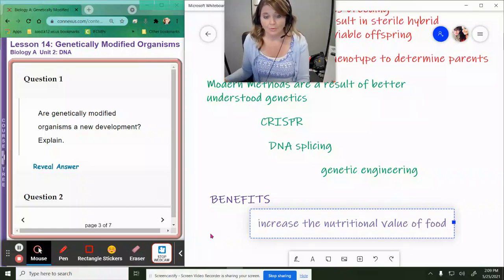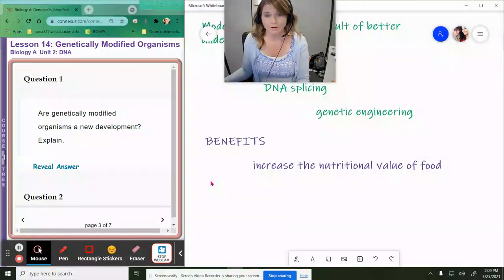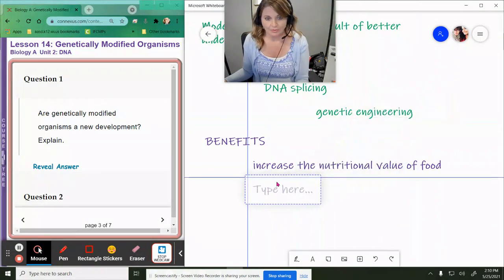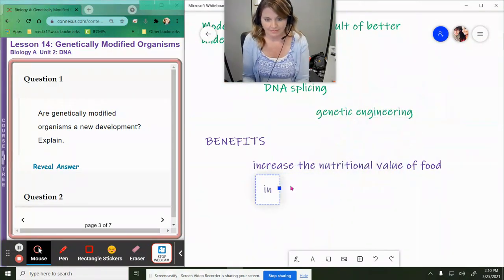Literally make what you are producing more calorically dense, so that you have more calories for the same amount of food. It can have more energy provided, or you can have larger fruits and vegetables, which is also increasing the nutritional value. It can increase growth, again, larger, but also more yield.